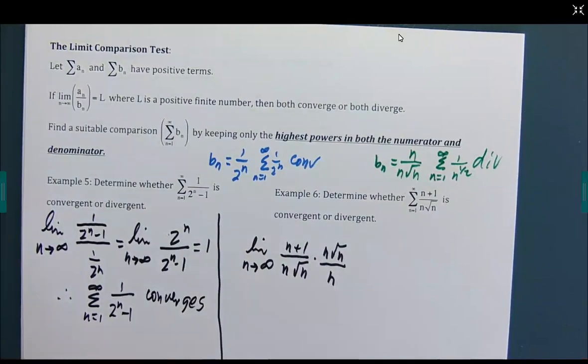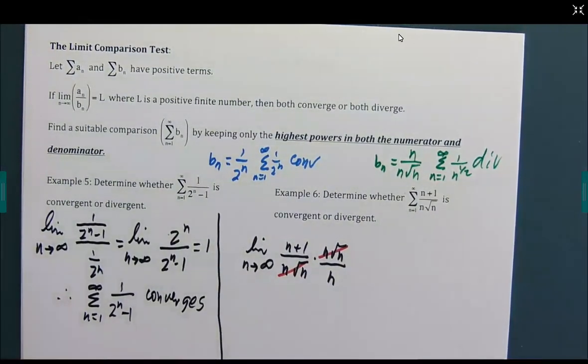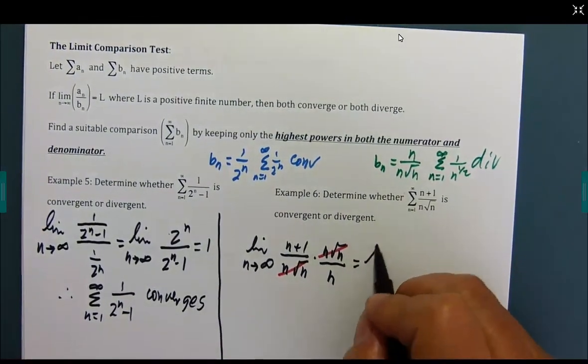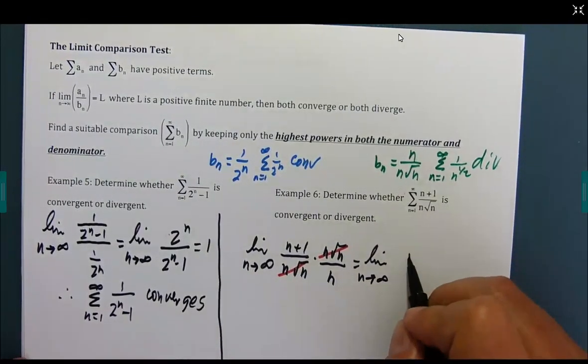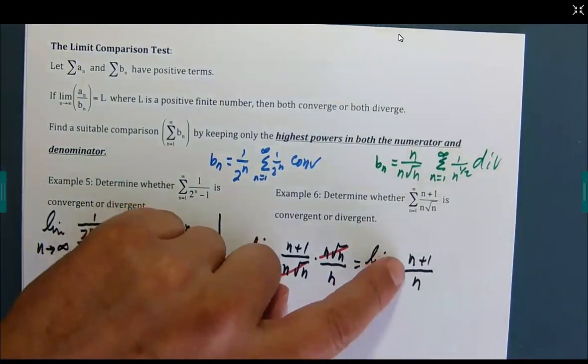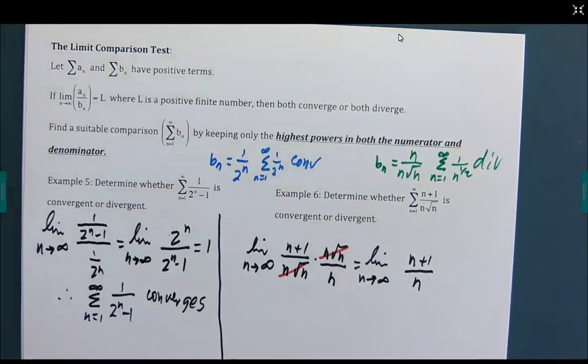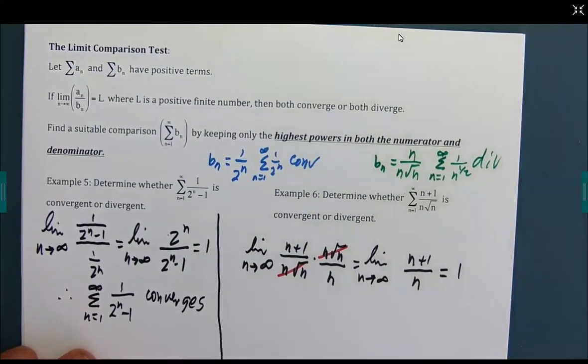And I'm hoping that we can see, well, first of all, these completely reduce out. We end up with n plus 1 over n. And again, because the exponents on these are the same, this limit will exactly go to 1.